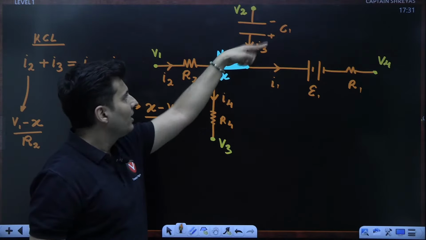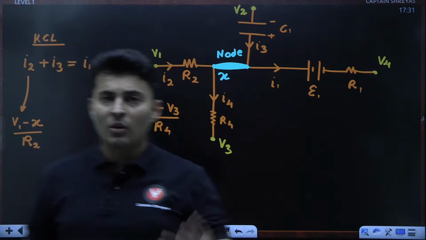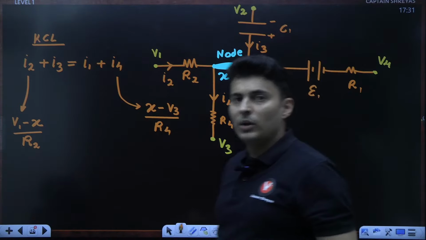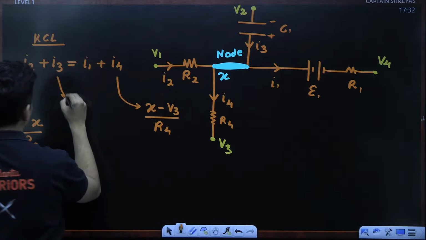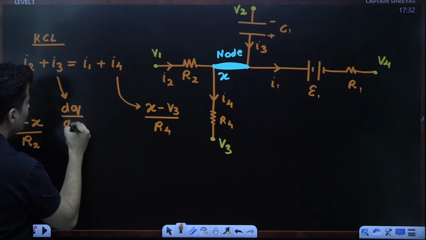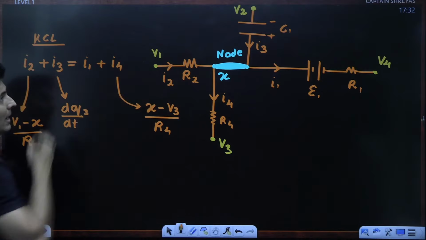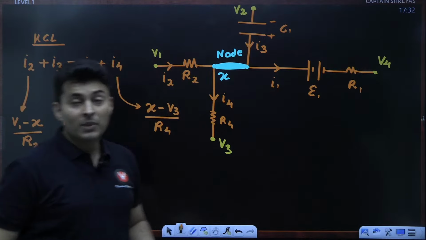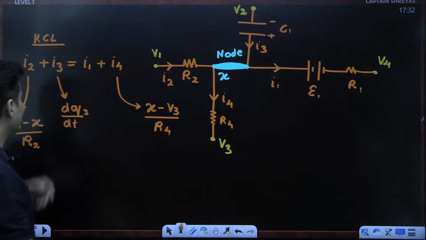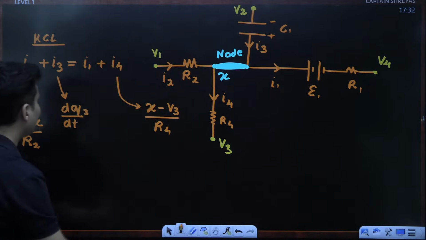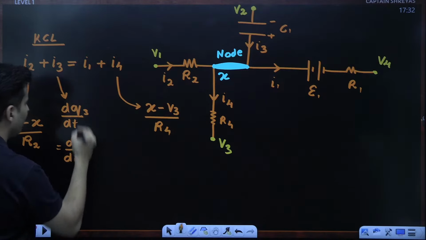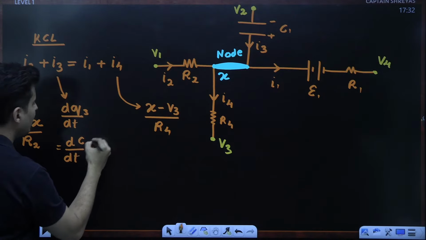Now, what about this particular capacitance? What can you write I3 as? Well, think about it. I can write I3 as dq by dt in that capacitor number 1. And do not forget, Q is actually CV. So you can also write this as d by dt of C into voltage.